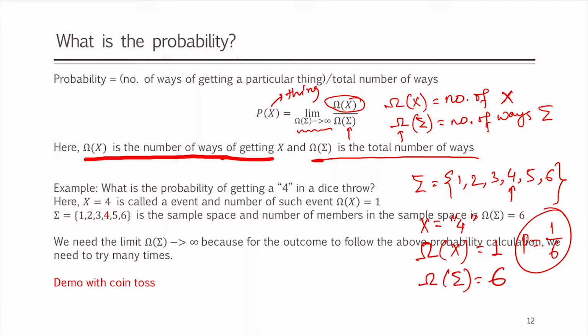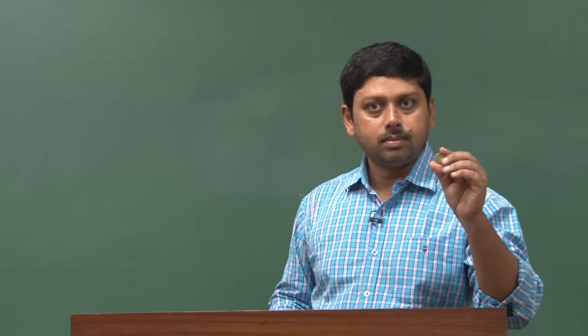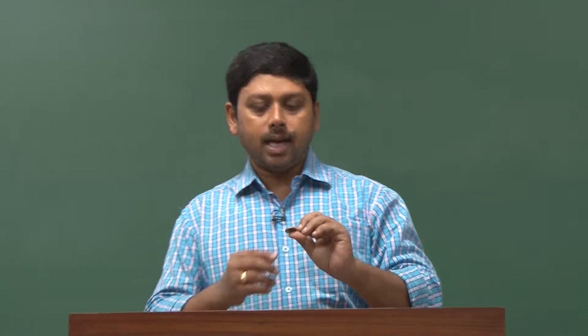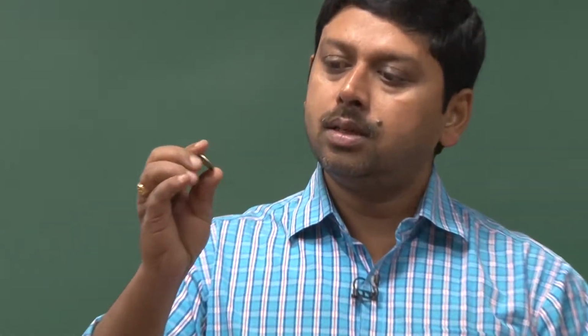So, now we are going to do that with a demo coin. A coin is simpler than a dice, right. The reason is that a coin has only 2 possibilities, head and tail. However many times we do it, we can either get a head or a tail, and hopefully they are equal.